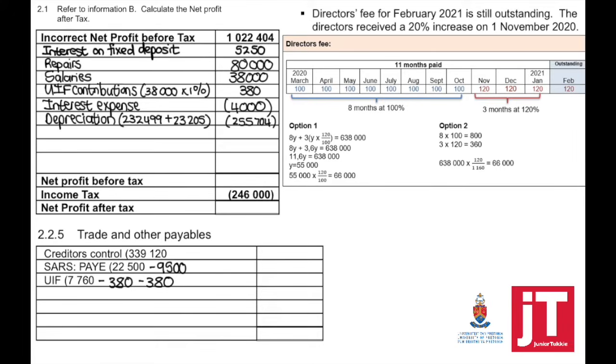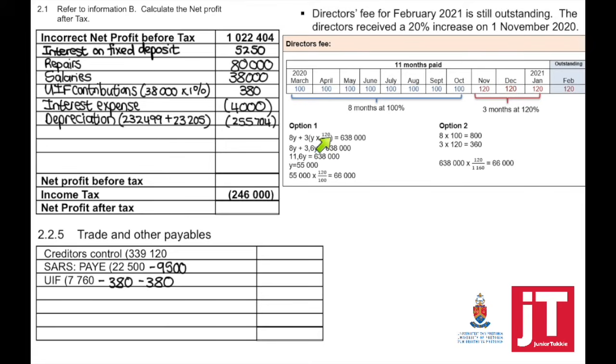Looking at our calculations, this means for 3 months, the directors received 100 plus 20%, which is equal to 120%. And for 8 months, they received an amount at 100%. So I've got two options to calculate this.